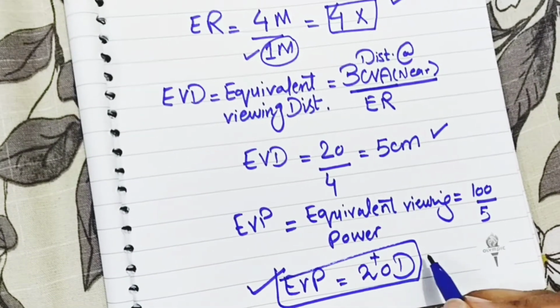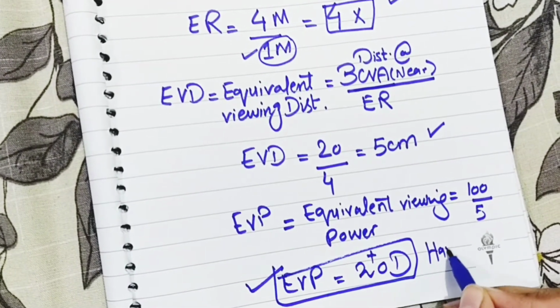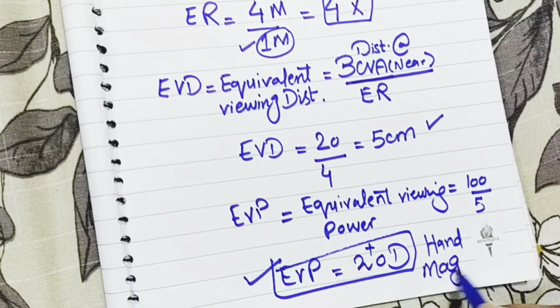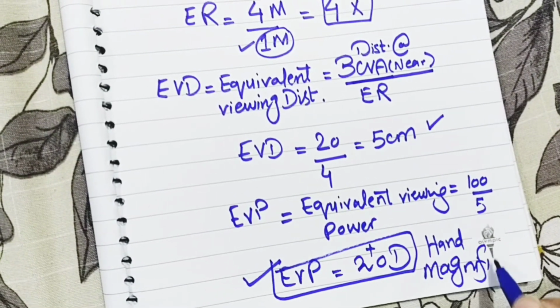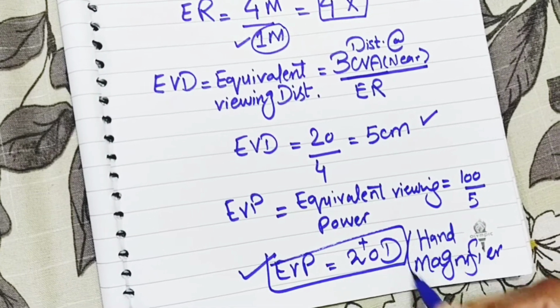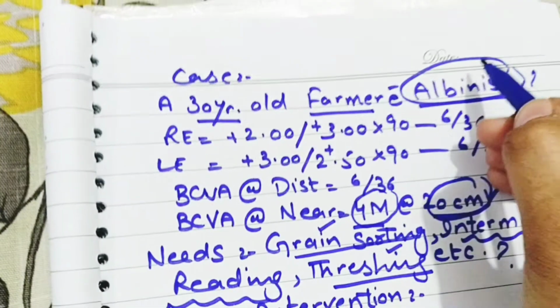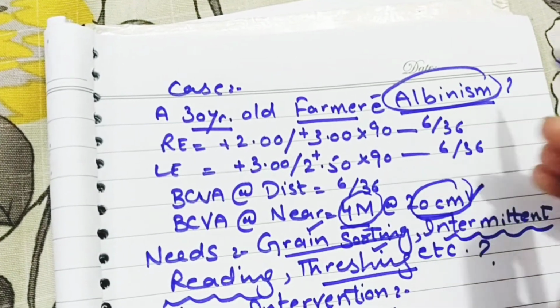This is calculated. So a hand magnifier of plus 20 diopter sphere is dispensed to the patient as the patient's near demand is intermittent reading, on and off, not continuous reading. So a hand magnifier is the best option.